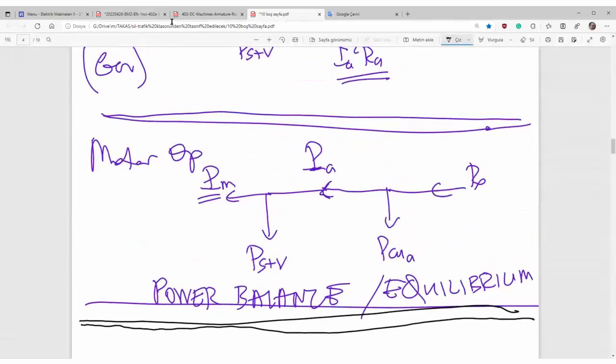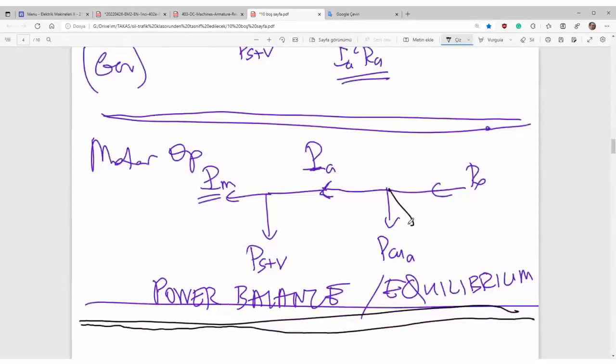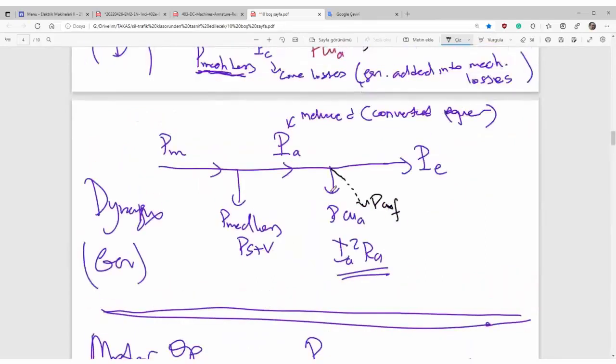Okay, that was the power balance. Here will be, excuse me, some copper losses in the field winding. Okay, that's it. Here will be some core losses, iron losses, I mean.